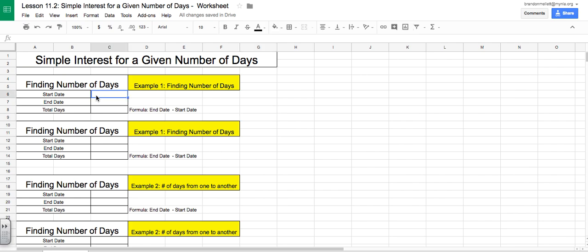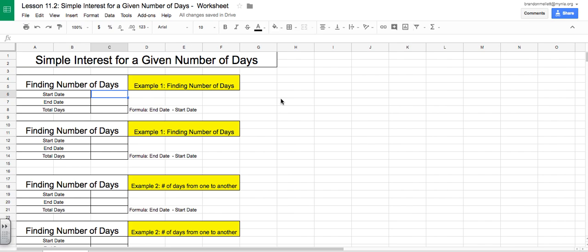So in example 1, what we're looking to do is find the number of days between two dates. For the first one, we're given March 24th to July 22nd. For example 1b, we're going from November 8th to February 17th.